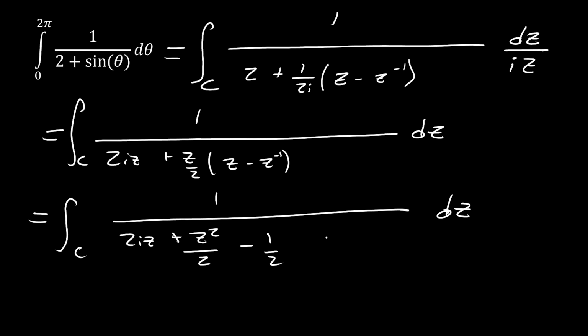Okay? And for the next step, what I'm going to be doing is multiplying a 2 all the way through here, and that's going to continue on the next blackboard.